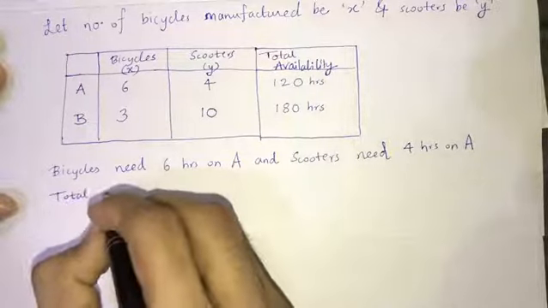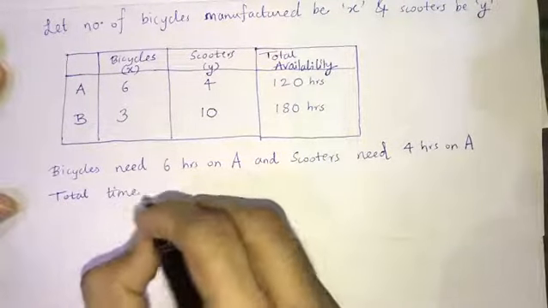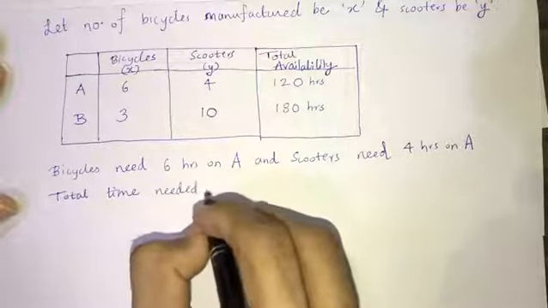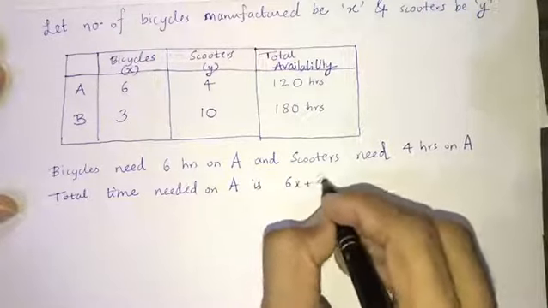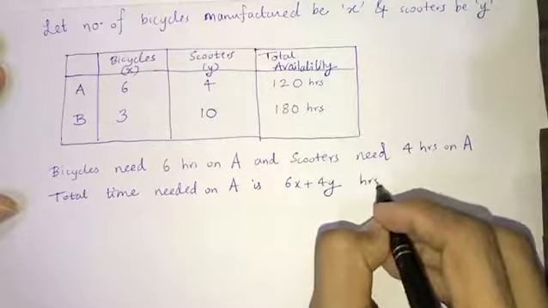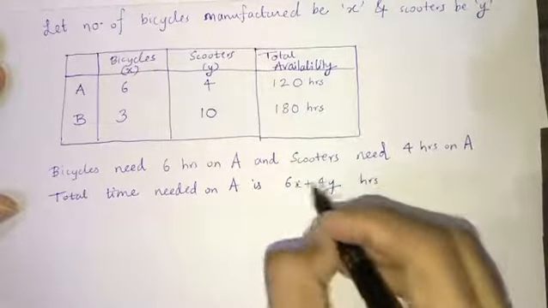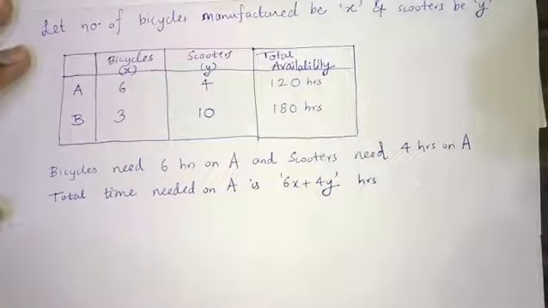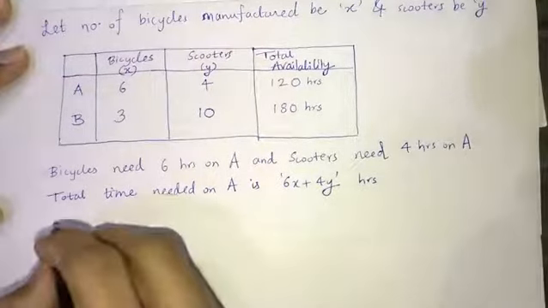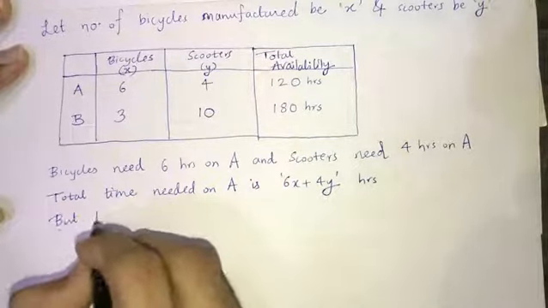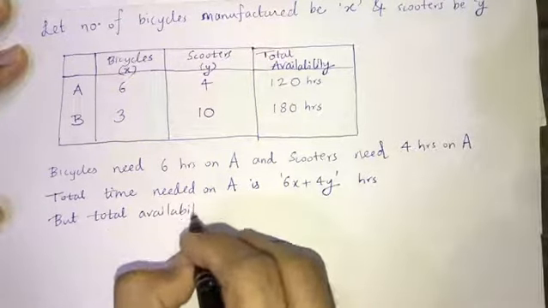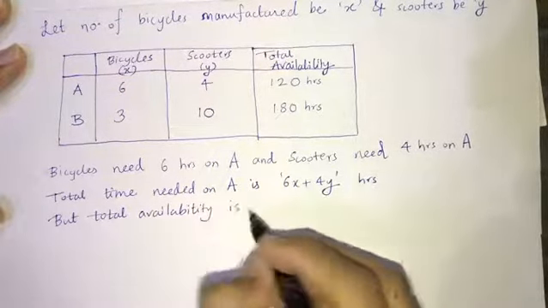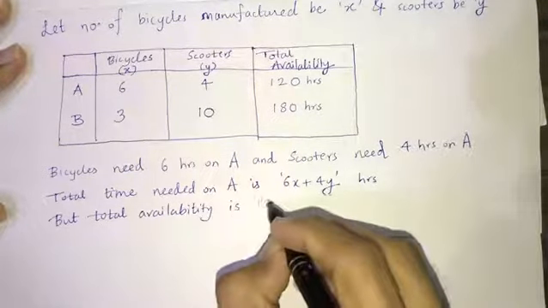Total time needed on A is 6x plus 4y hours. To manufacture X bicycles and Y scooters, total time needed on A is 6x plus 4y hours, but total availability is 120 hours.